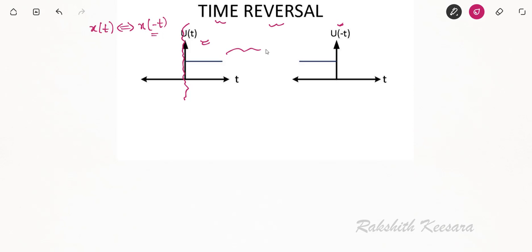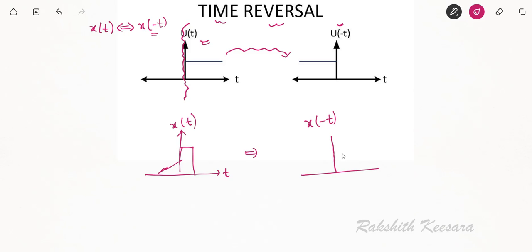If I take the mirror image, the answer will be like this. Similarly, if there is a signal like this, let this be x of t, and I need to plot x of minus t. Simply I should take the mirror image. So this will be the answer. This is the time reversal operation.